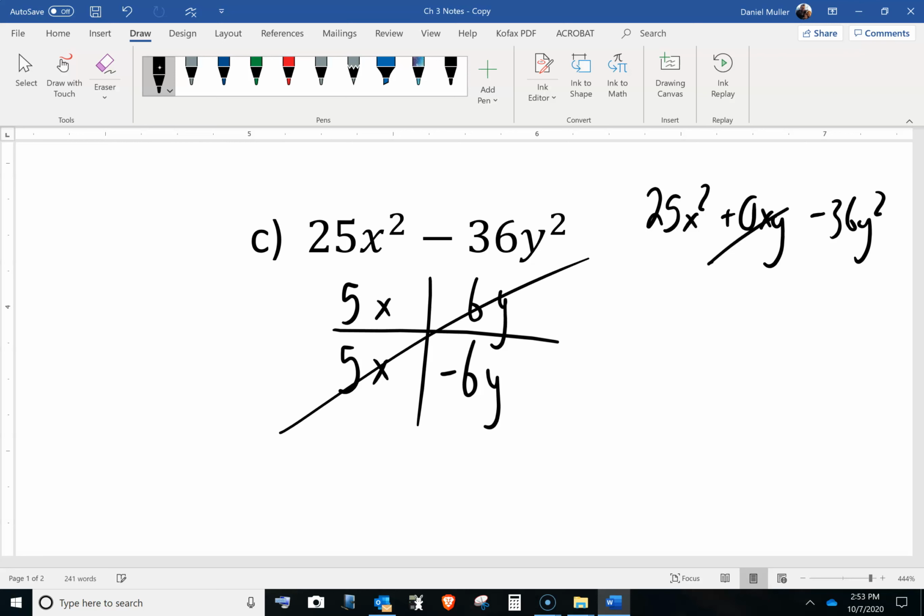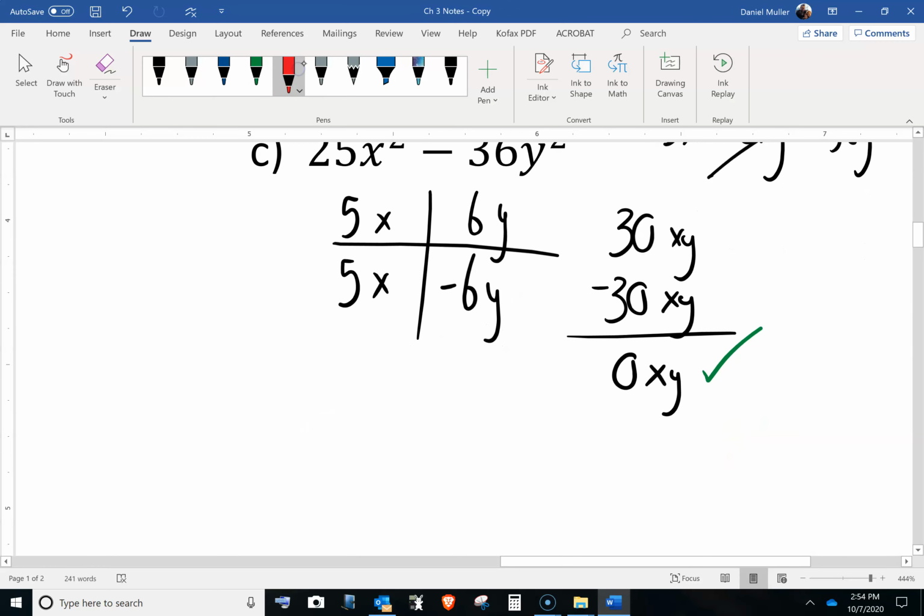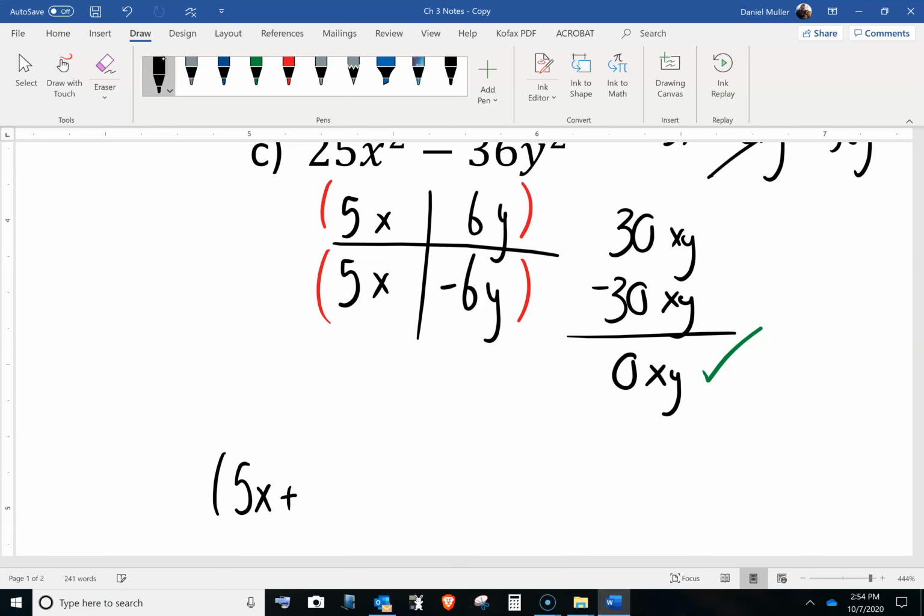And my diagonals here are going to be a 30xy and a negative 30xy, which result in a 0xy, which is what I have. I have 0 xy's. So there's my answer: 5x plus 6y, and then 5x minus 6y.